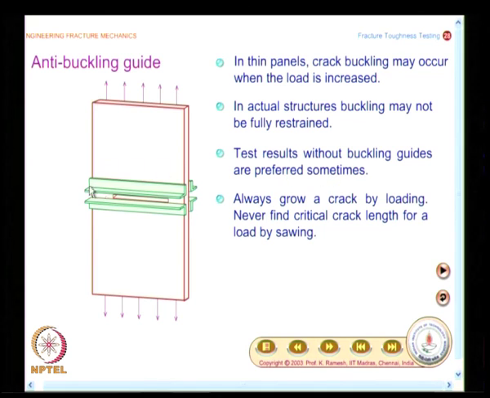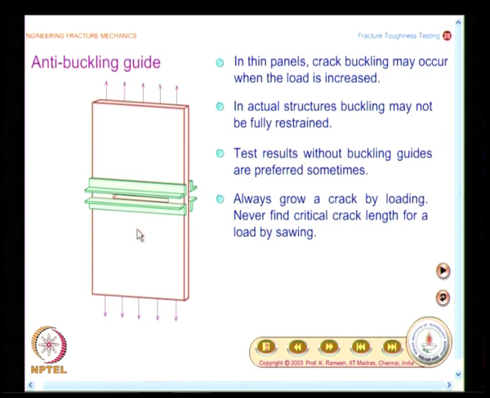Nevertheless, you draw this diagram where special guides are provided, which will prevent the panel from buckling when loads are applied. These are the guides to prevent buckling, they are known as anti-buckling guides.